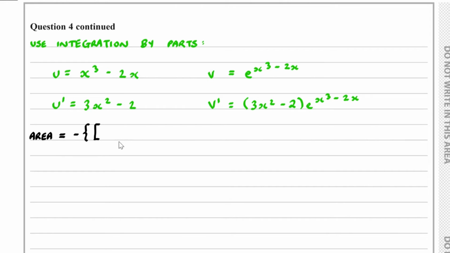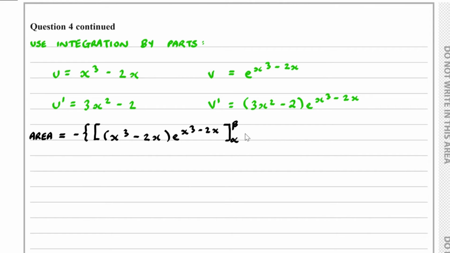We've got u times v, which is x cubed subtract 2x multiplied by e to the x cubed subtract 2x. So that's what u times v is. And I'm evaluating this between alpha and beta.